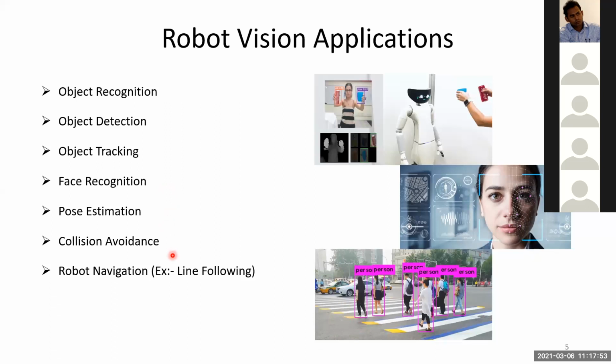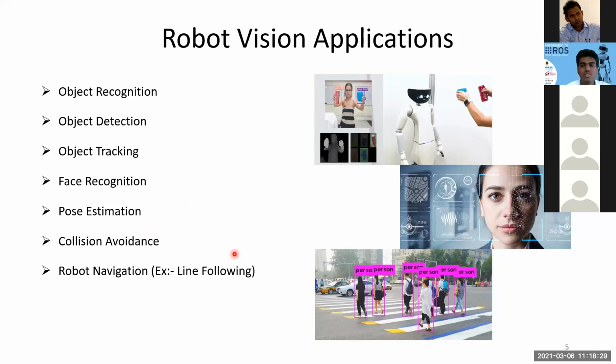Collision avoidance is a very popular thing in robotics, because as humans, when we move, we don't go and hit objects. The same thing should happen with robots, because when they work in industrial or any other environments, they should avoid collisions.